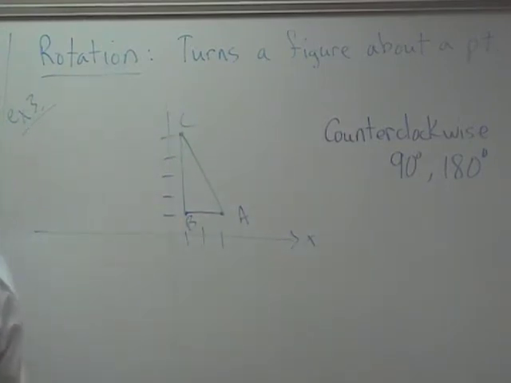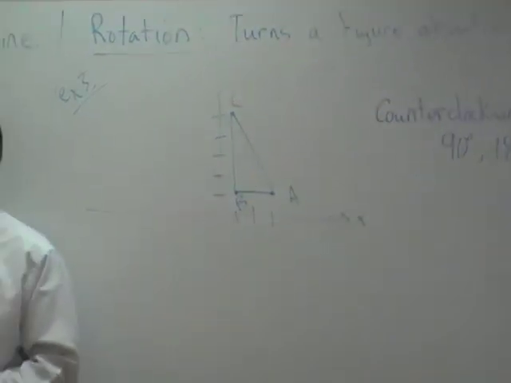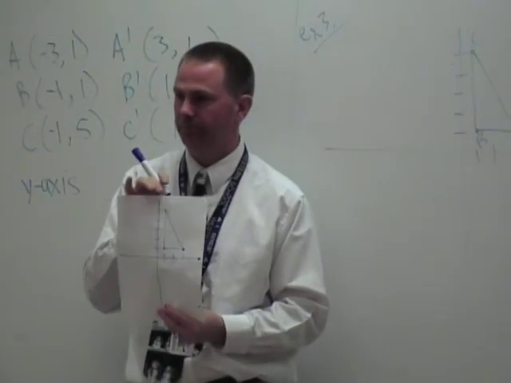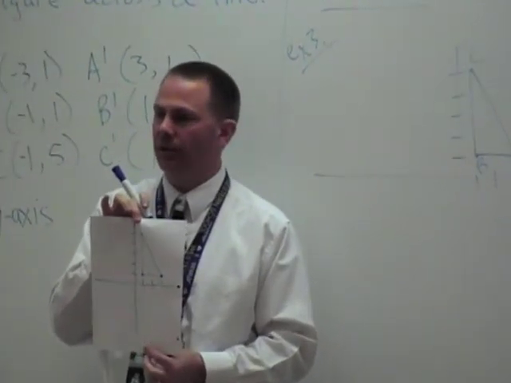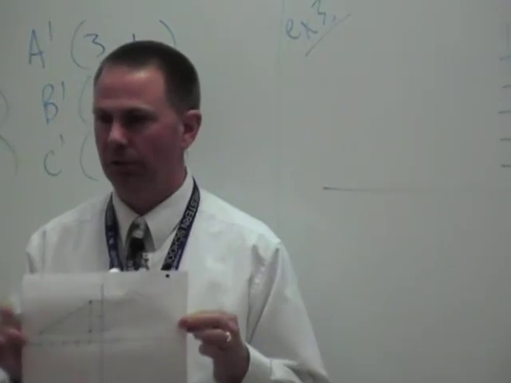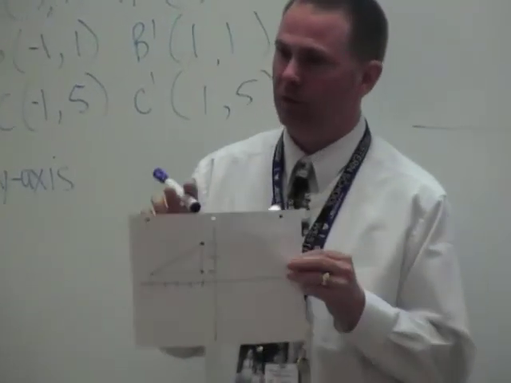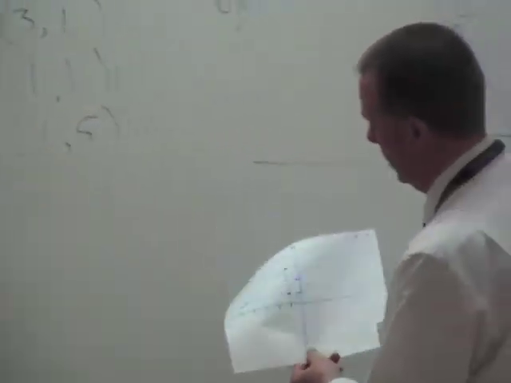Watch how we do this. It's very simple. I can't turn the board, but I can turn my paper. So, rotating counterclockwise is what direction? That way. Left. 90 degrees would just be this much. There's my image.